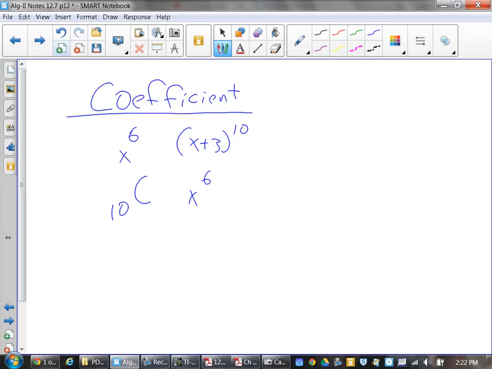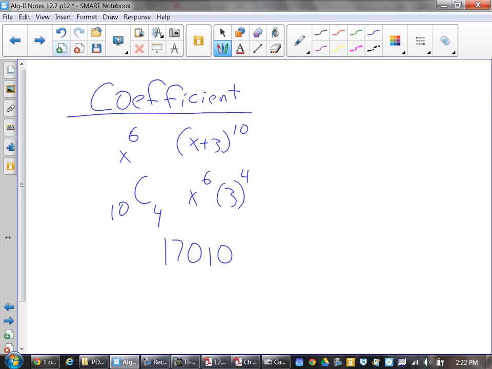My secondary term is going to be 3 to the 4th power, so that's got to be a 4 here. Remember, these two exponents have to add up to equal the highest degree. When you do all that out, you wind up with 17,010 as your coefficient.